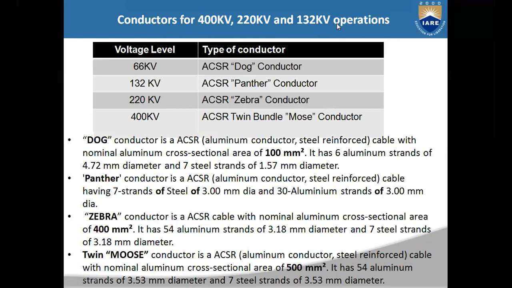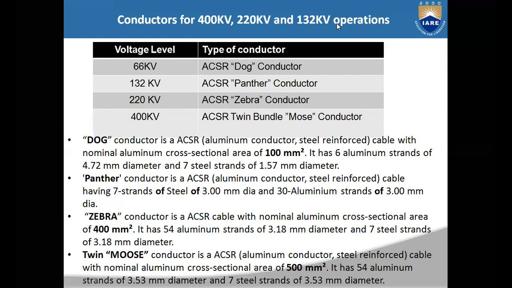Out of all the types of conductors, the ACSR conductor is the most widely used. Depending upon the voltage level, these ACSR conductors are also classified into ACSR dog, ACSR panther, ACSR zebra, and ACSR twin bundle moose.